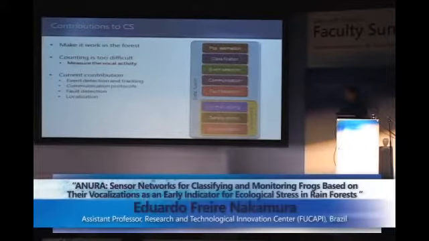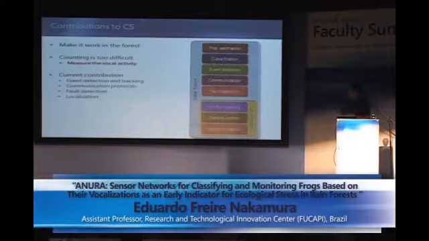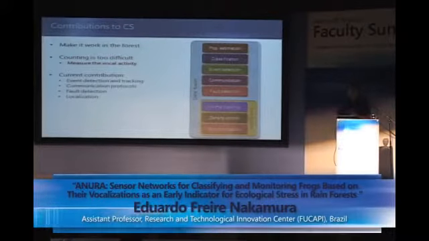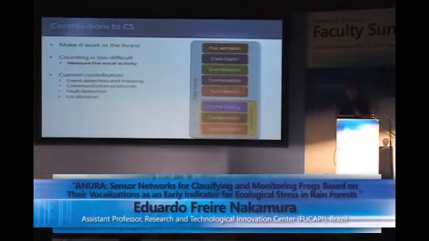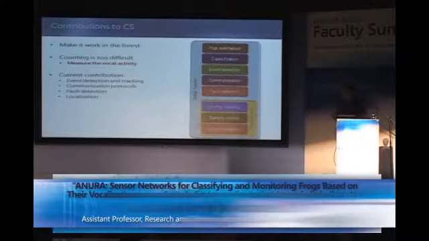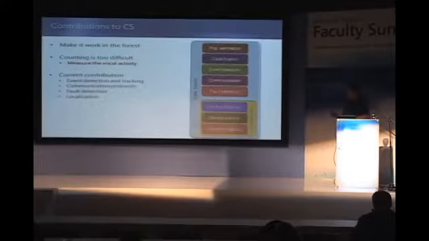We have several contributions in event detection, especially for fire detection, which is important for us in our project to make correlations about what's going on with the forest and what's going on with the frog population.